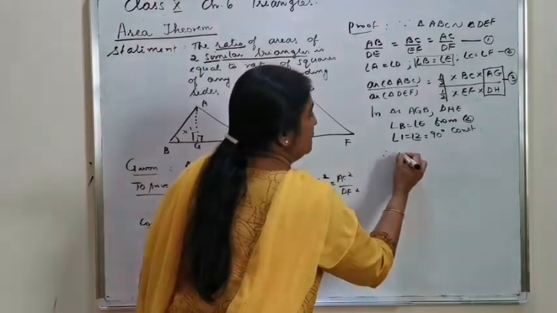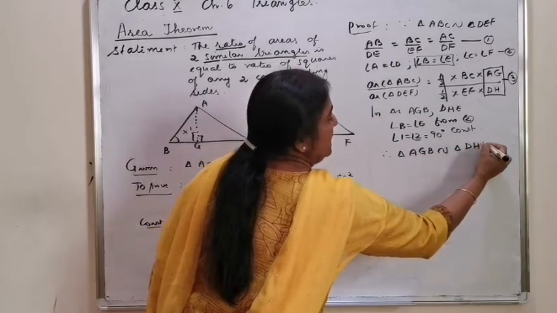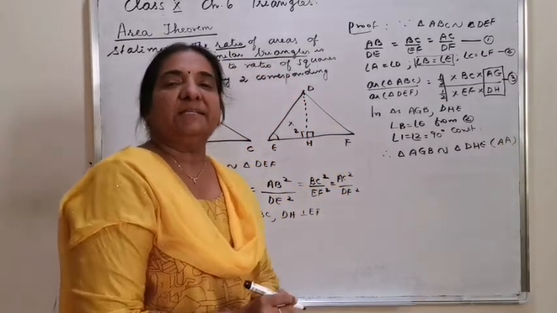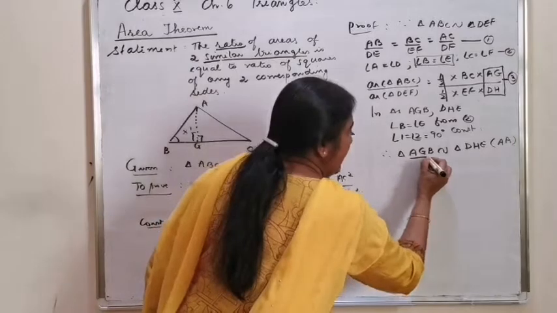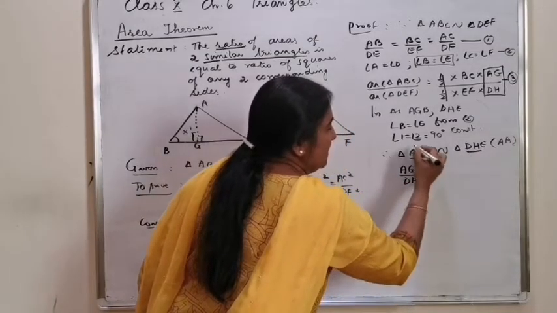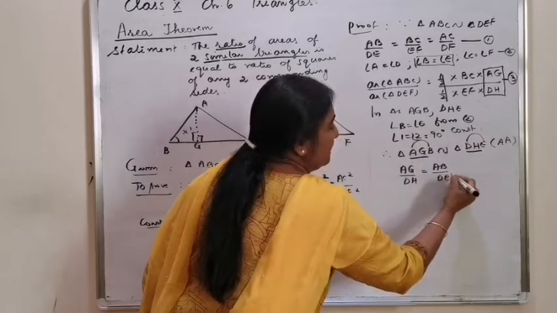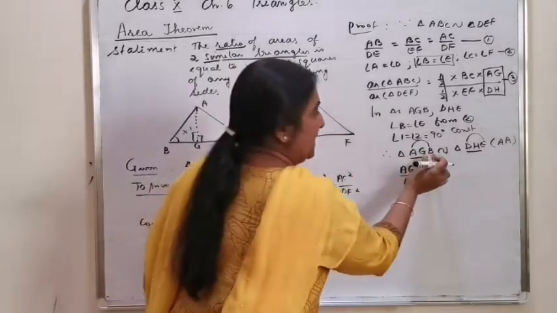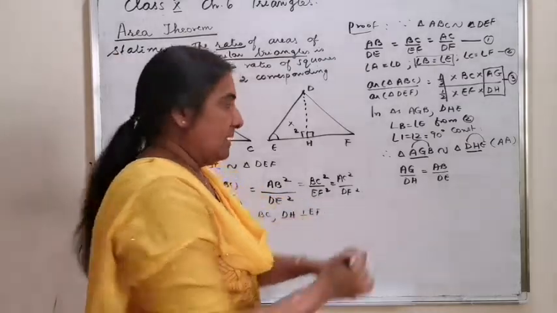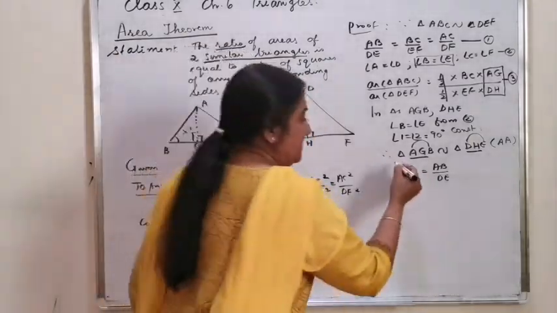Therefore, triangle AGB is similar to triangle DHE by AA similarity. Let us write the proportional sides as AG by DH is equal to AB by DE. One more pair is there, GB by HE, but for the time being we are not writing it. AG by DH is equal to AB by DE.